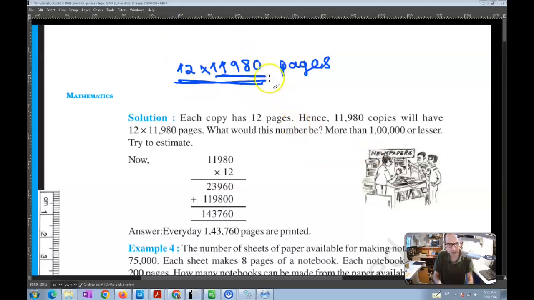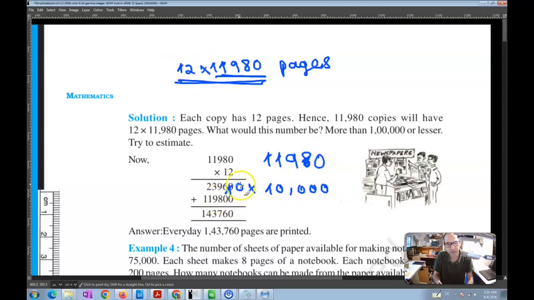So instead of actually doing this calculation, I'm going to estimate. I'm going to say that this number over here, 11,980, is very close to 10,000, right? And the number 12 is, of course, very close to 10.